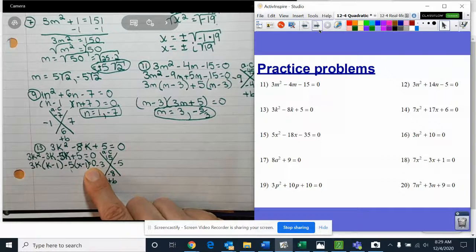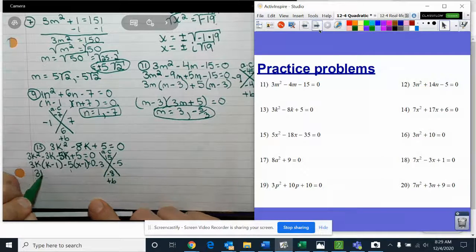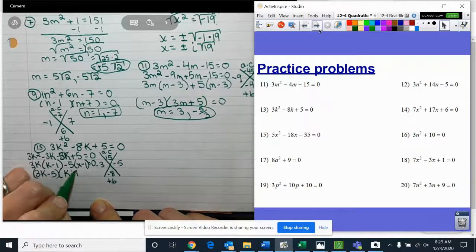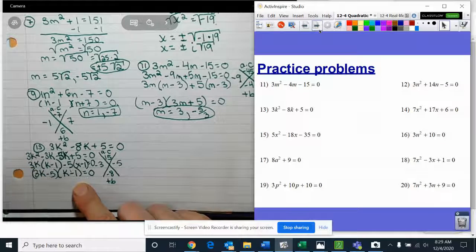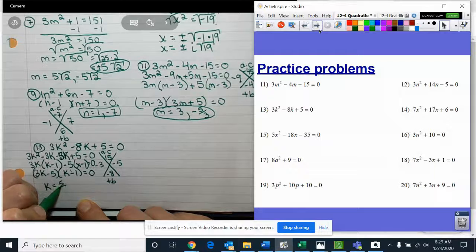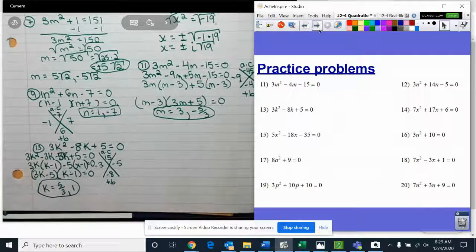Sorry, this space is close. From here, factored form becomes 3k minus 5 times that common factor amongst the groups. And we're left with k is equal to 5/3 and a positive 1. Thank you for watching the video.